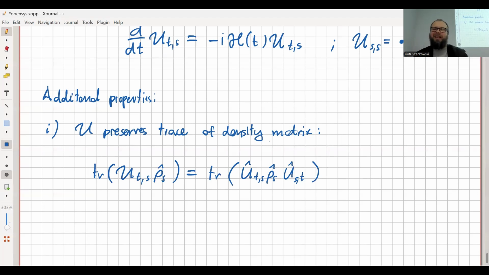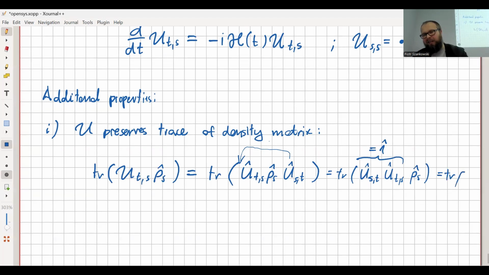Use the cyclic property of trace to move this U here. So you have U dagger U, which is 1, times rho S. So it's just the trace of rho S. So it preserves trace; sometimes it's called TP, trace preserving.